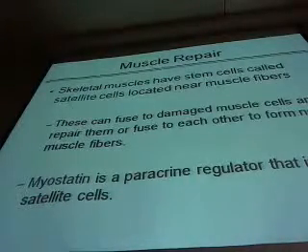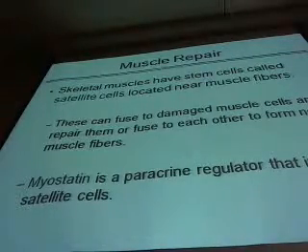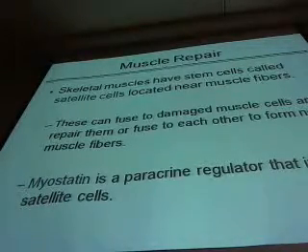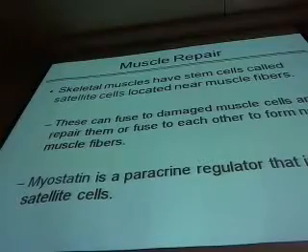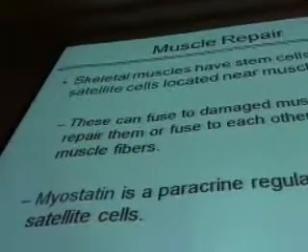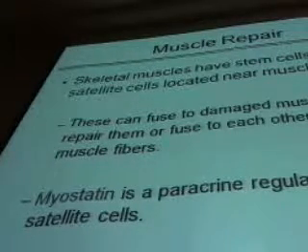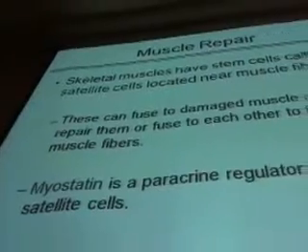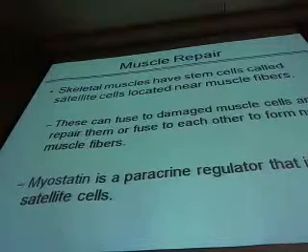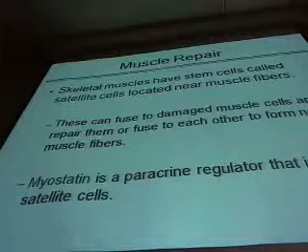Muscle repair: you have in skeletal muscles stem cells called satellite cells located near the muscle fibers. They fuse together to repair muscles. Myostatin is a paracrine, which is a hormone that is secreted and acts on a tissue in the same organ, as opposed to an autocrine versus an endocrine versus an exocrine.